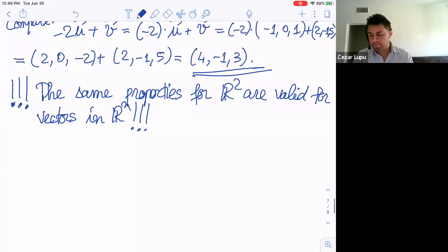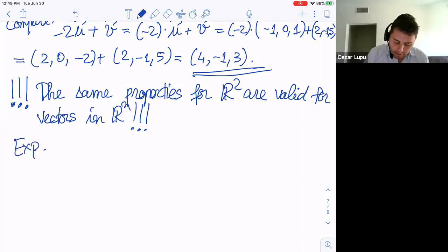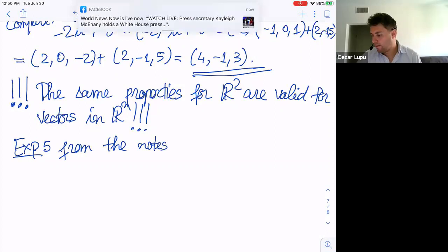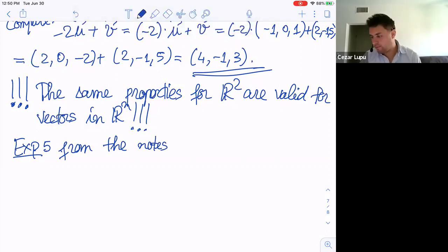Now, the same thing you can do with the vector operations in R4. I don't want to do it. I'm just going to give you this example as an exercise. It's example 5 from the notes, page 118.